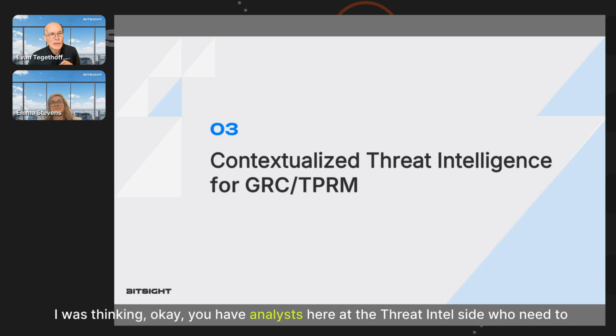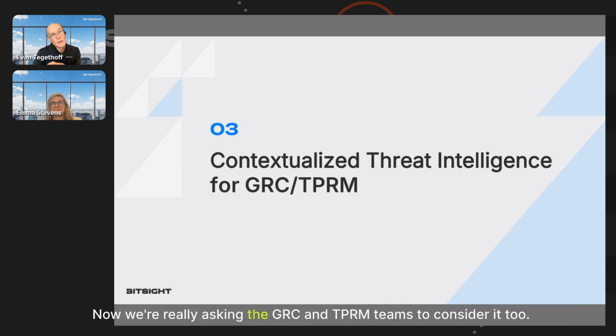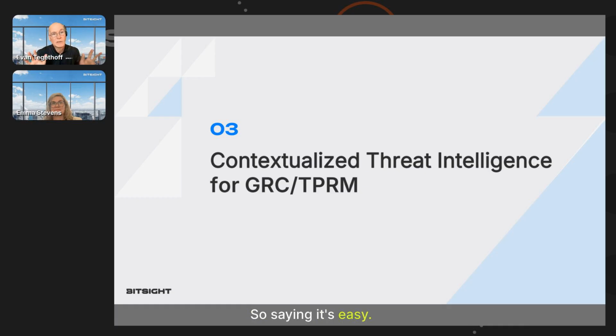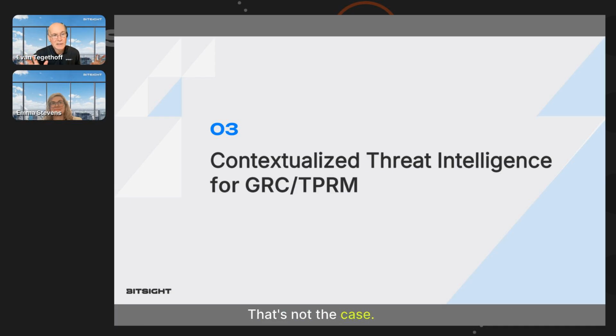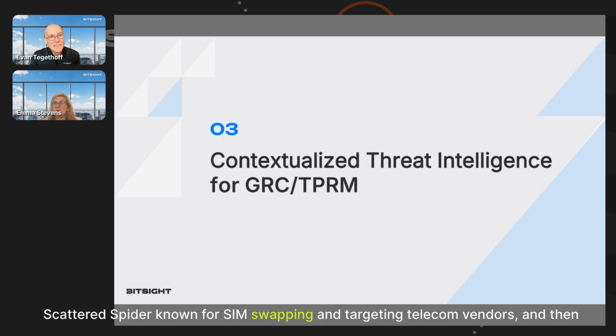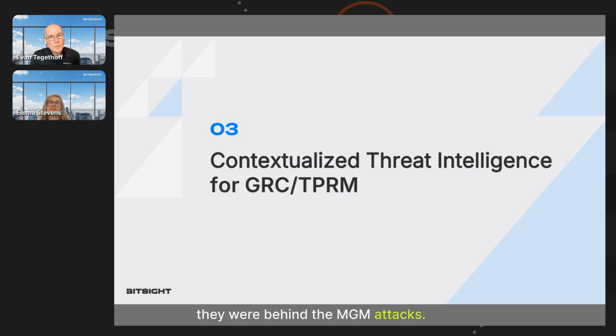You have analysts on the threat intel side who need to analyze it, and now we're really asking the GRC and TPRM teams to consider it too. So we're not saying it's easy. It's not just like, oh, Akira has done this and they're always going to do this. That's not the case. So we definitely understand it's hard. Sorry, Scattered Spider, known for SIM swapping and targeting telecom vendors, and then they were behind the MGM attacks.